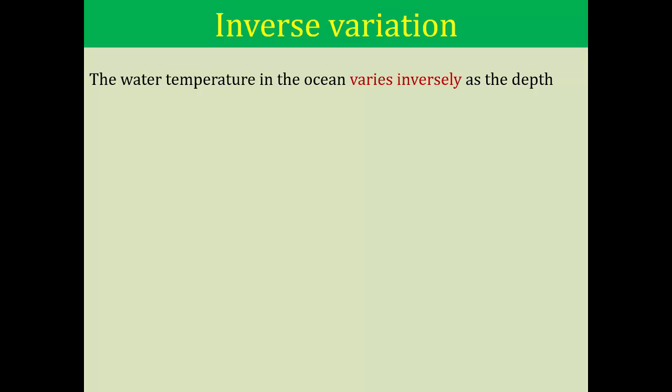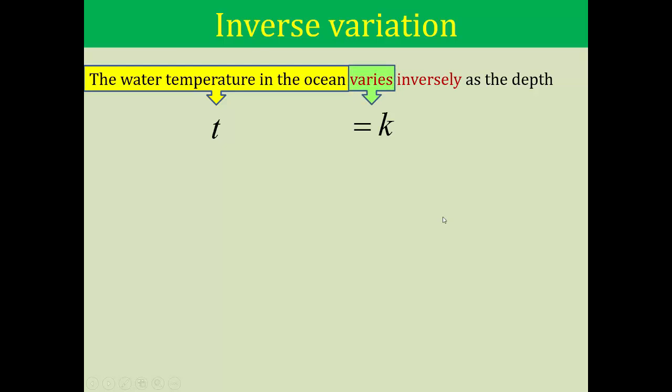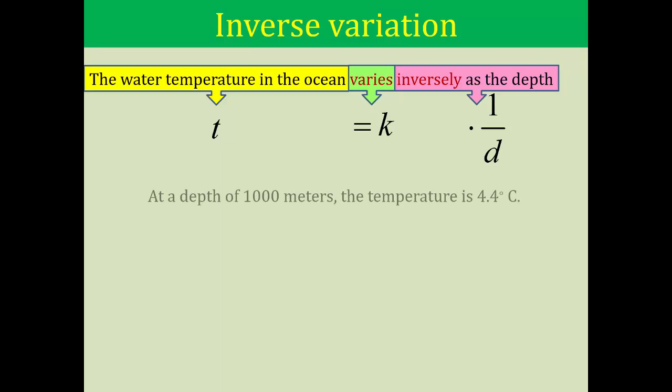They're backwards of each other. The temperature is T, varies is equal K, and here's where it gets different. If it says inverse, then we create a fraction with 1 over that. And so our equation would say T equals K times 1 over D, or T equals K over D.